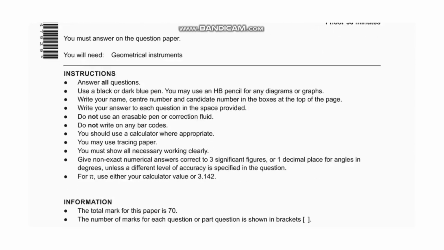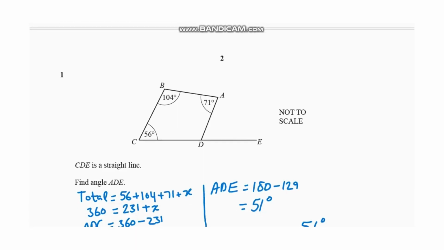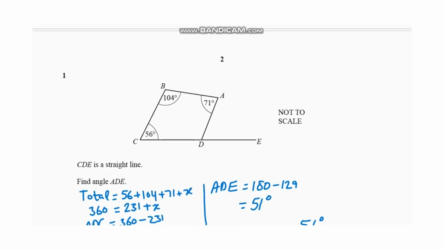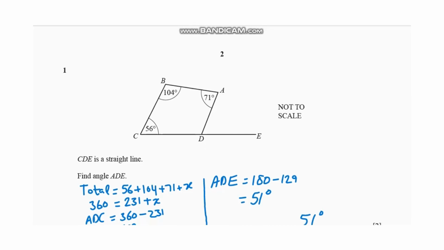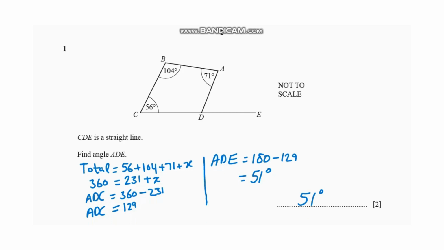So first, question 1: CDE is a straight line. Find the angle ADE. Over here, what we will do is first find the angle of CDA, which is 129.